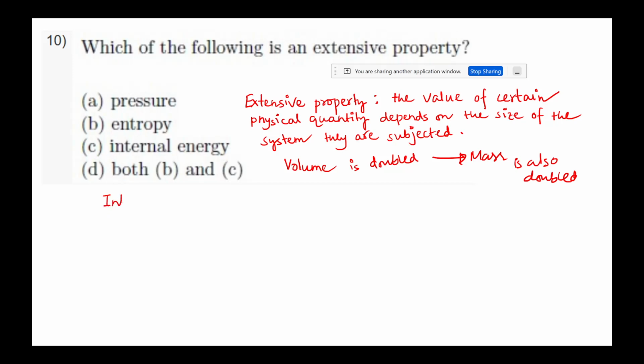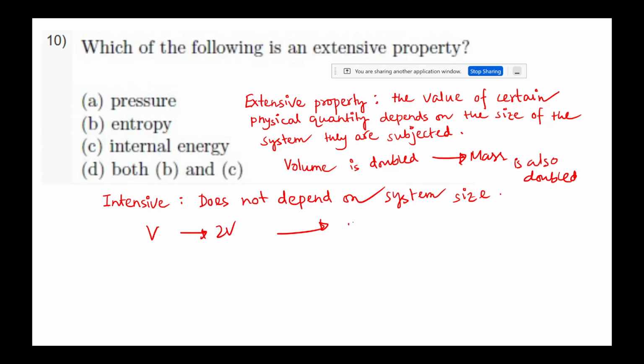Now what is intensive? It does not depend on system size. Means if V becomes 2V, temperature does not change.